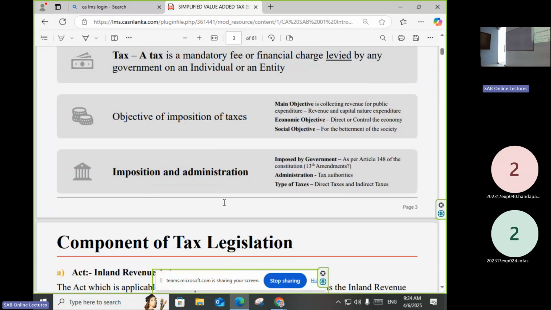So the purpose is to earn or get revenue, so the government can meet their capital and revenue expenditure. Right now in Sri Lanka, we finance all our revenue expenditure, day-to-day expenditure, from this income. That's the main use. Loan servicing, interest and loan payment, government salaries, that type of thing.